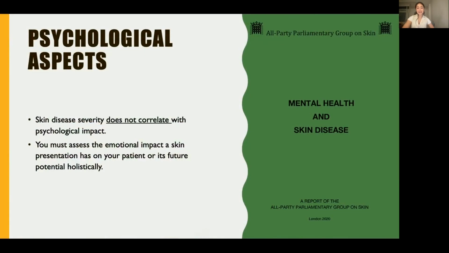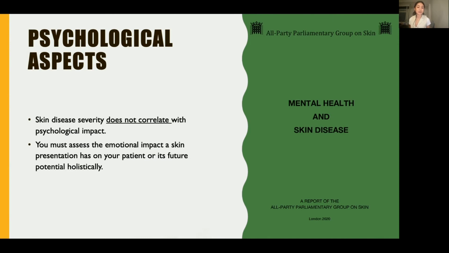And then lastly, a really, really important part of your history. I know we all learned ICE at medical school, but just ask about how they are. Skin disease severity does not correlate with the psychological impact. You can have someone with a mild form of eczema who can end up so severely depressed.